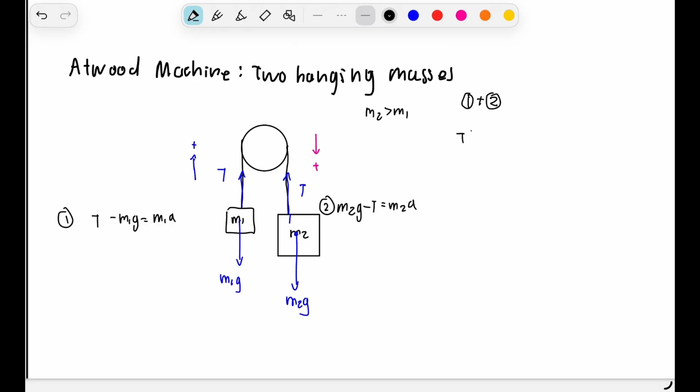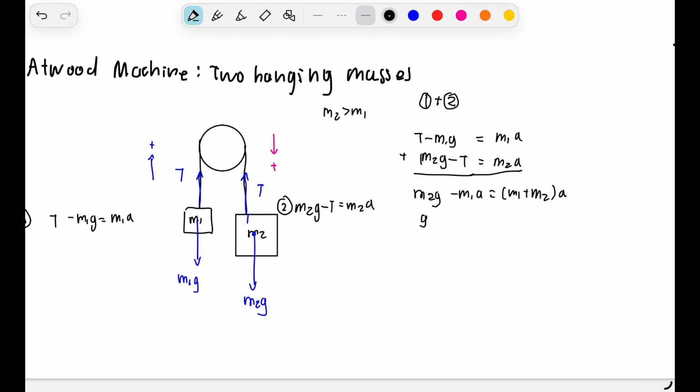This is going to be T minus m1g plus m2g minus T. That's going to give us, and this is equal to, m1a plus m2a. So you're going to have m2g minus m1g is equal to (m1 plus m2) times acceleration.